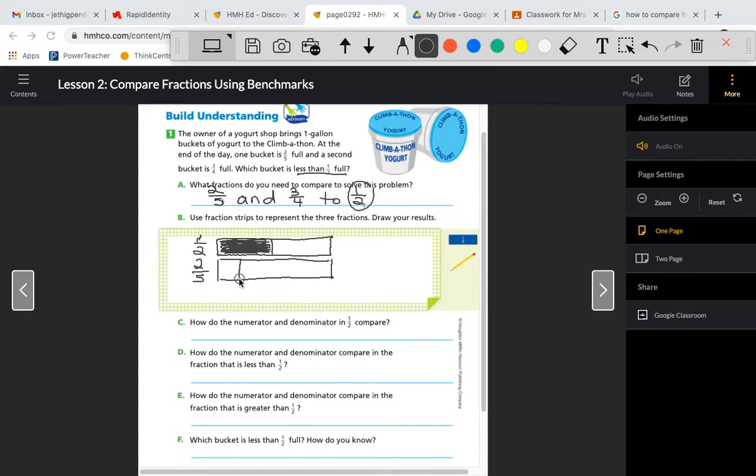So 1, 2, 3, 4, 5, and we're going to shade in 2. Okay, and then we're going to do 3/4.